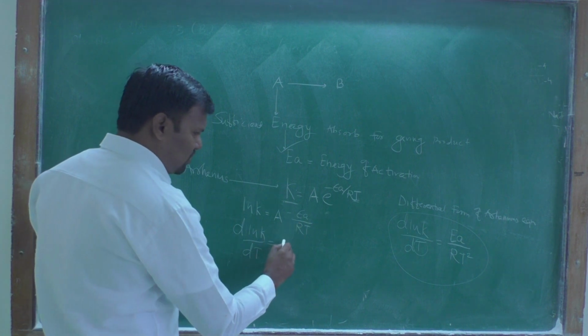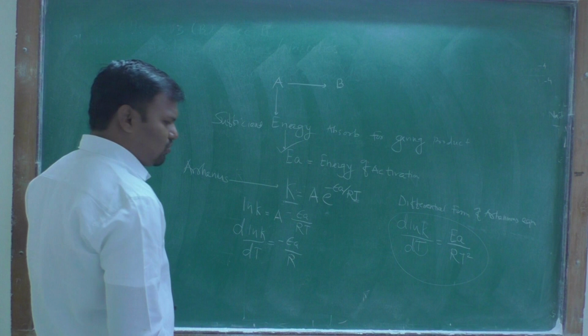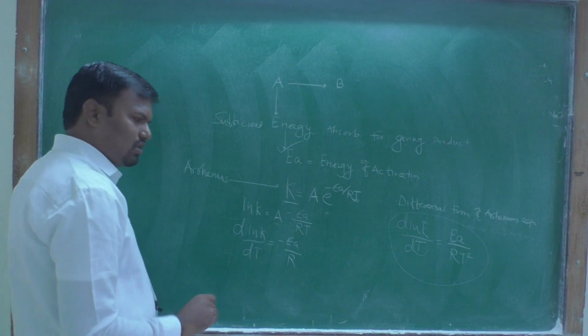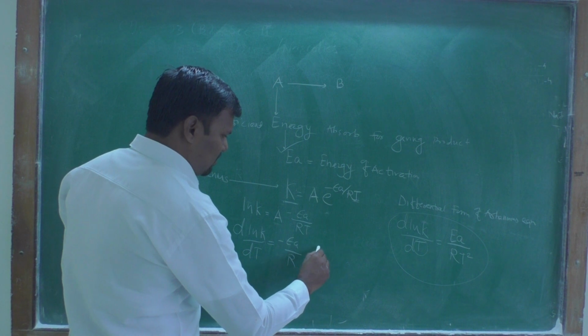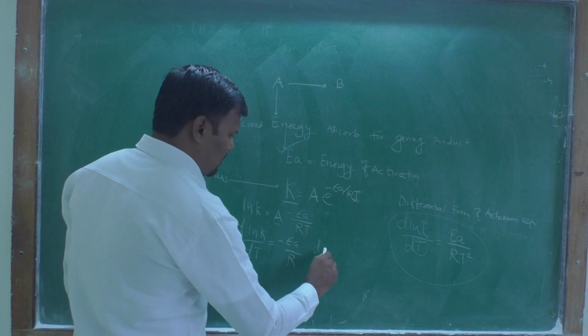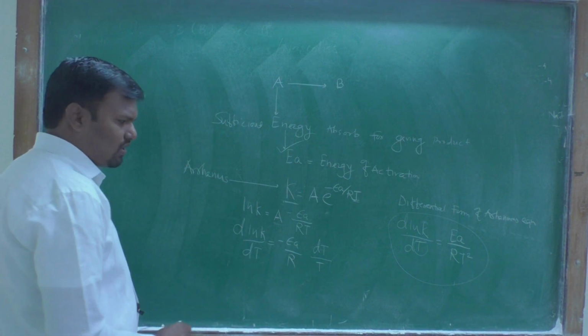Therefore, in this equation, minus Ea is a constant, R is also constant, and the derivative of this value will be 1 upon T square.